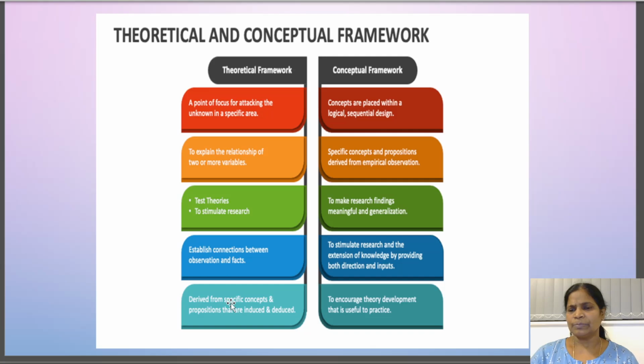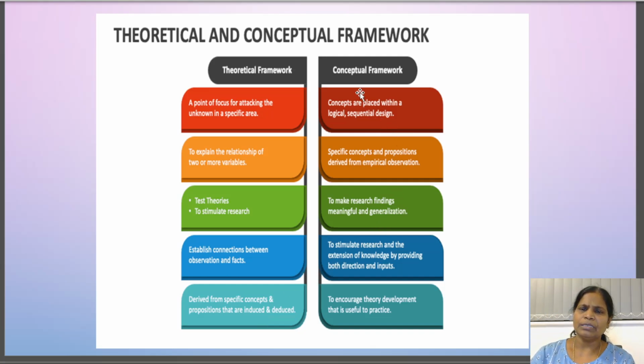Derived from specific concepts and propositions that are induced and deduced. So theoretical framework, if it is a new area, is used to establish a relationship, to test a theory, or to stimulate a theory, to establish connections between observations and facts, and it is derived from specific concepts and propositions that are inductive and deductive, which we use when we are reasoning.